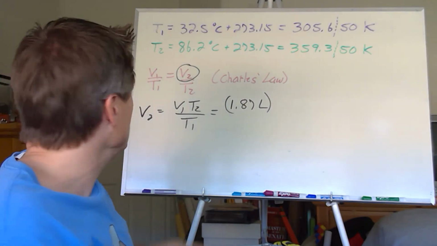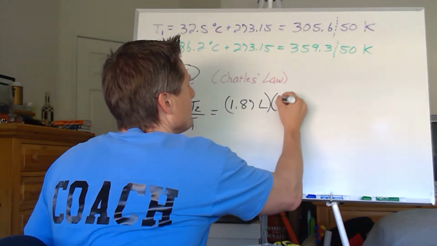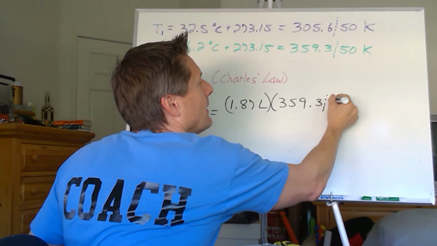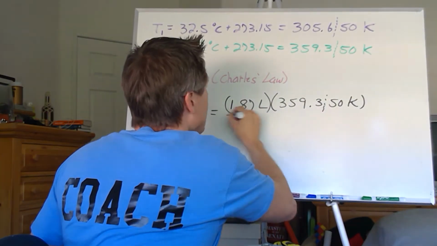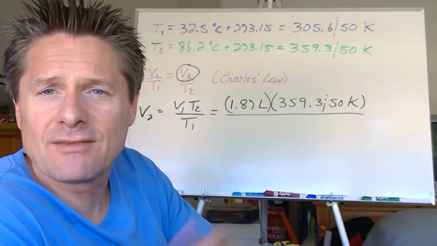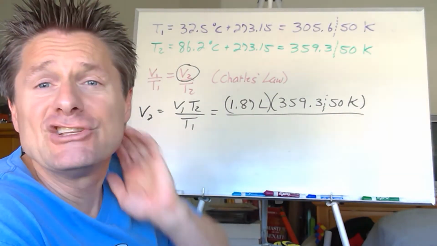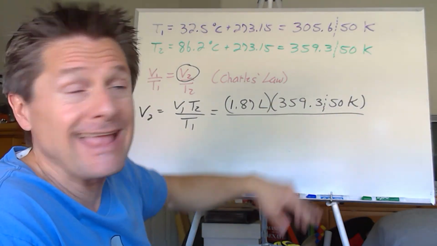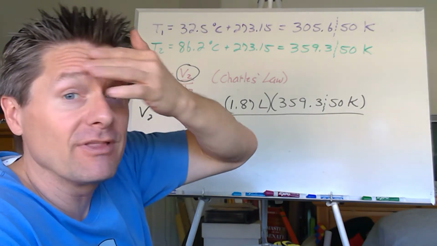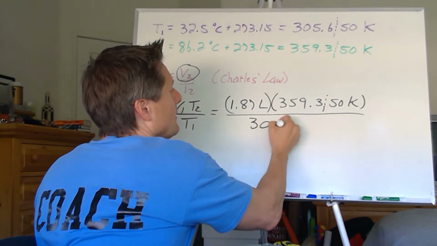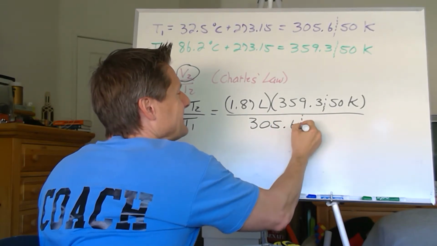What is T2? That is right here. 359.3. Now here, when you're using the simple gas laws like Boyle's law, Avogadro's law, Charles' law, you don't need to do dimensional analysis because there's really no unit conversions. You're just canceling out. I'm going to cancel out Kelvin and be left with liters. Let's put T1 on the bottom, 305.6.